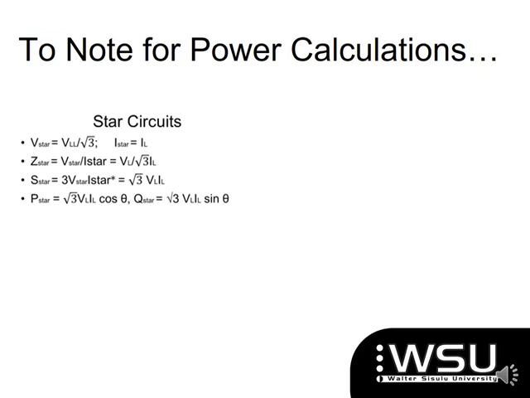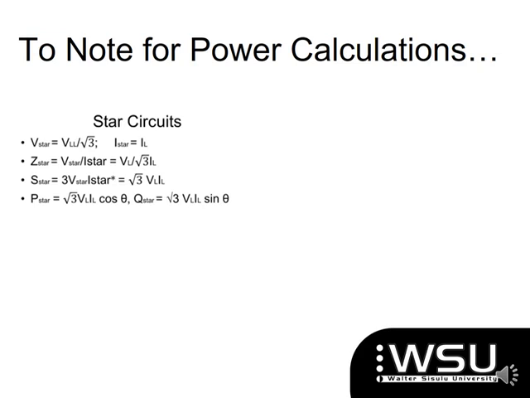Then the impedance of your star connection would simply be equal to your voltage in that star connection divided by your current in the star connection, which, if we take it back to your line conversions, will be your VL divided by your square root of 3 IL. The VLL or VL is what we had under that V star, which was the VLL over the square root of 3, and then you divide it simply by your IL.